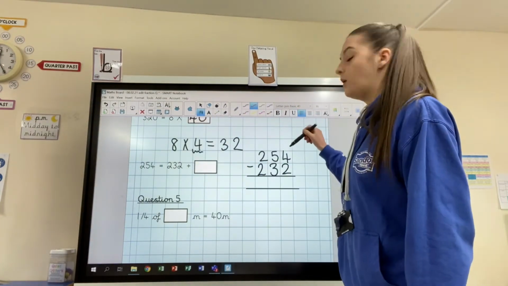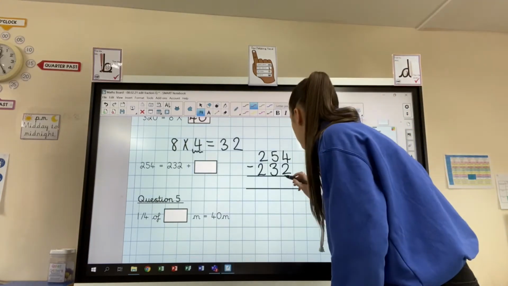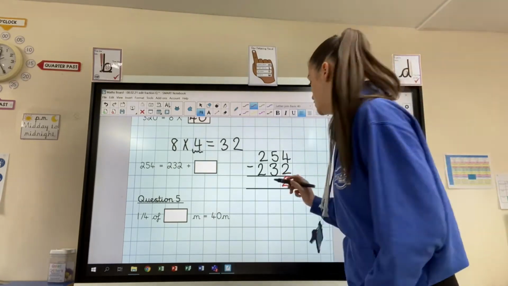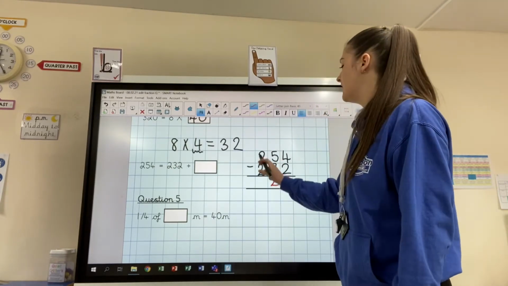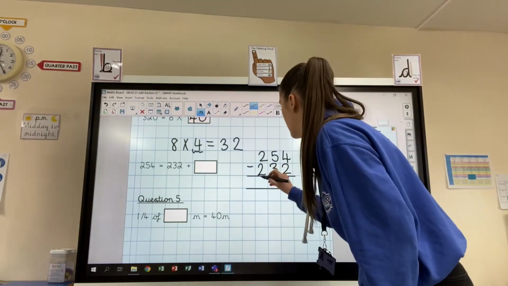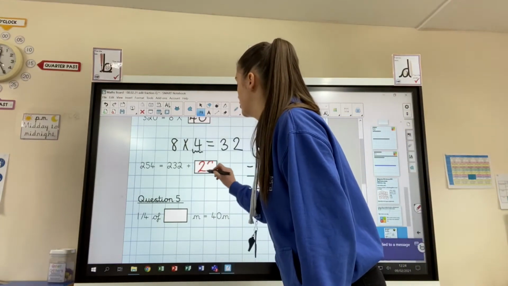I'm going to start with the ones. I've got 4 ones, subtract 2 ones is 2 ones. 5 tens, take away 3 tens, 2 tens. And finally, 200, take away 200 is 0. So my answer is 22.